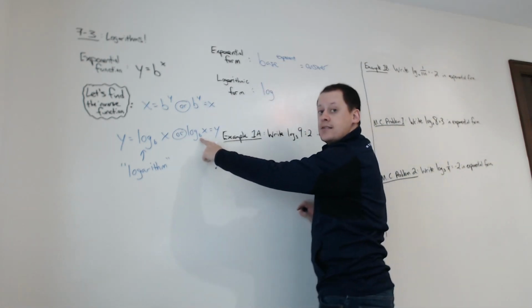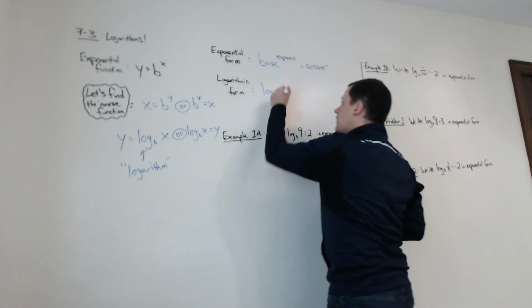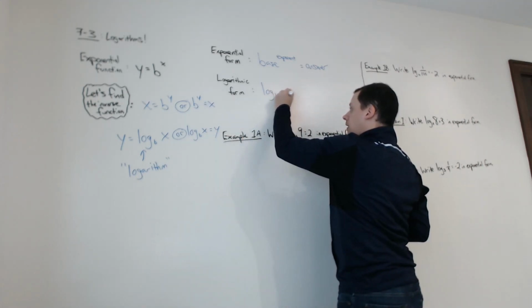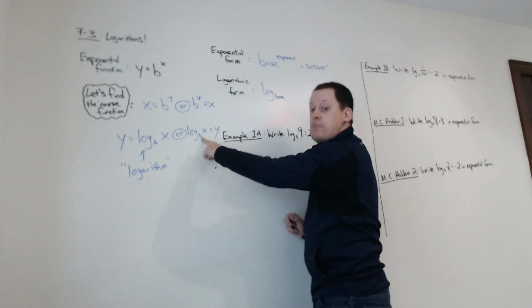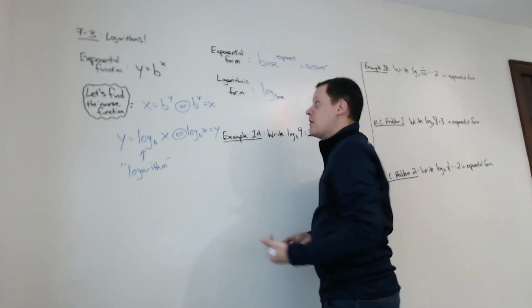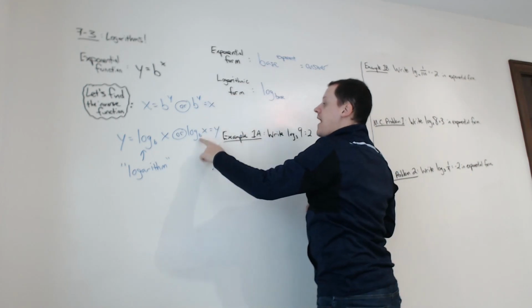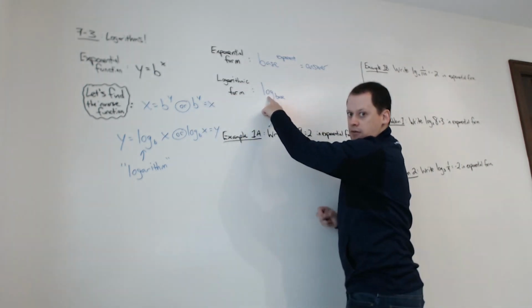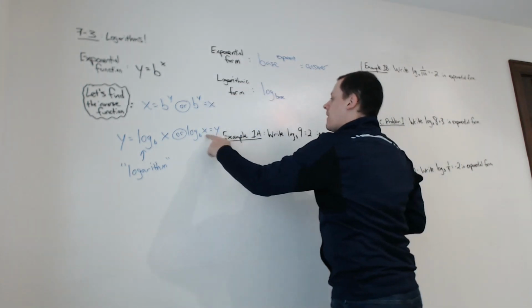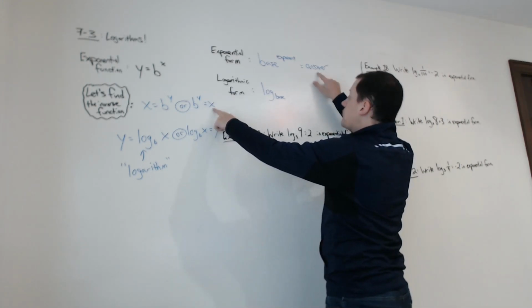Now the base is down here. This is referred to as the base of the logarithm. So it's still a base like it is up here, but now it's the base of this logarithm, this log. The x, remember, we refer to as our answer.